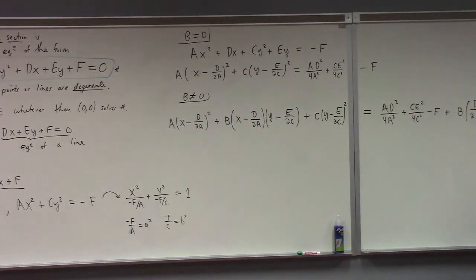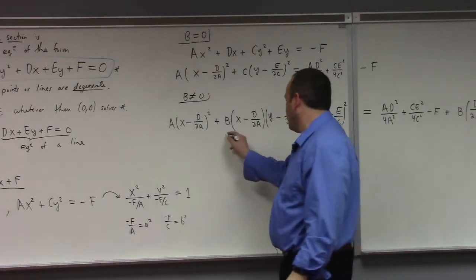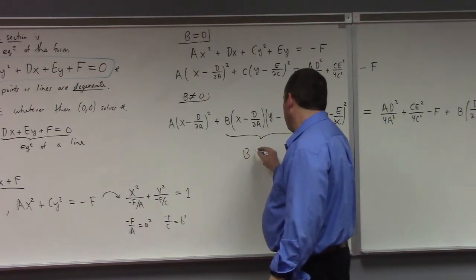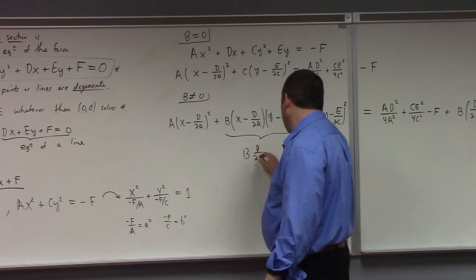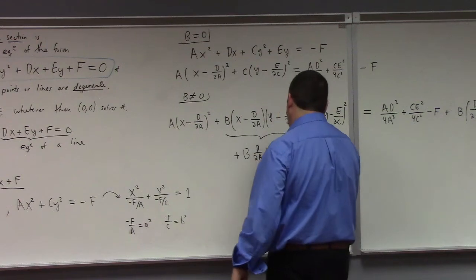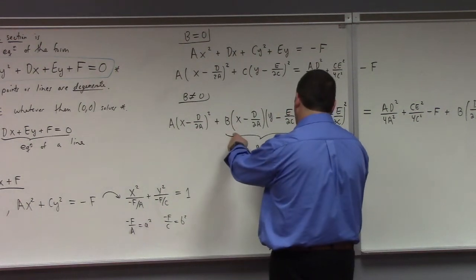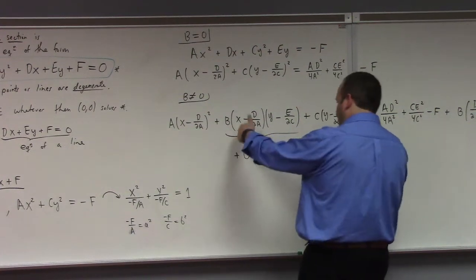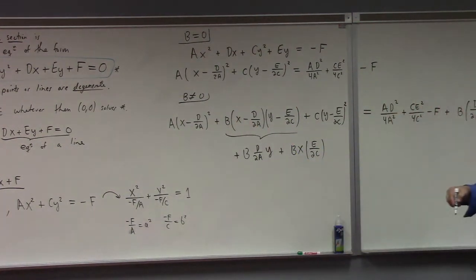What else did I add? By rewriting that term like that, I've also added linear terms, right? So this has also b d over 2a times y, I have to add that, and I have to add b x e over 2c to be fair on that side, right? At which point I've spoiled the completing of the square.